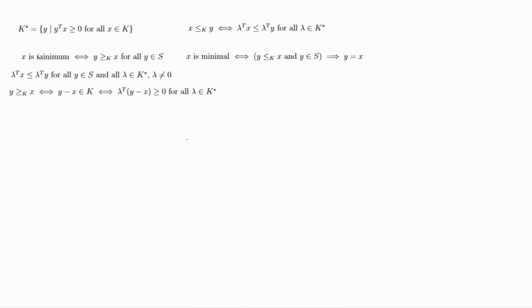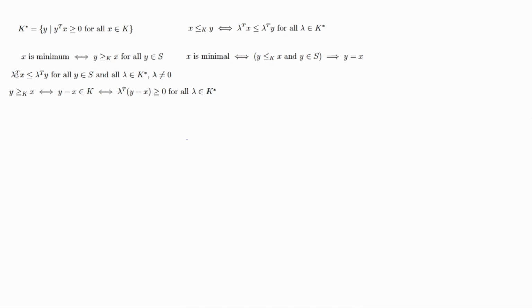Okay, so geometrically, what this says is that x is the minimum. x minimizes every linear function, so lambda transpose x, over the set S, for any lambda in K star. So any linear function that takes x and takes the transpose, right?